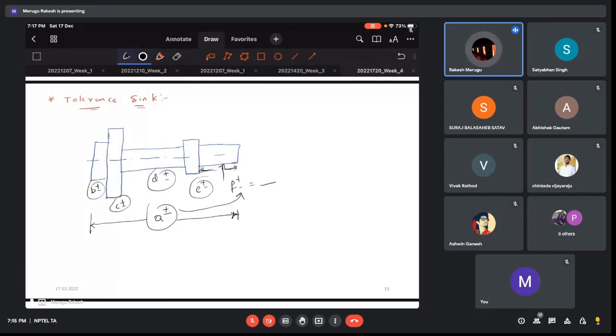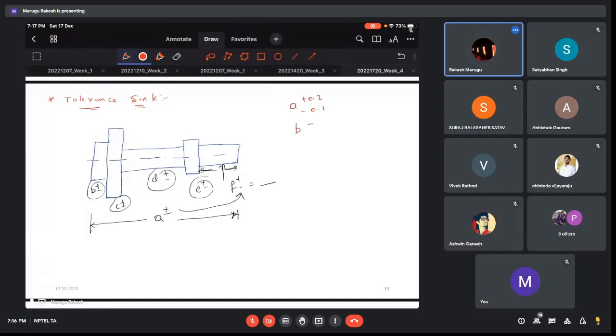Okay, I will give the values. You try to calculate once. If not, I can discuss. Now I'm giving just the tolerances, plus or minus. For A, it is plus 0.2 minus 0.1.